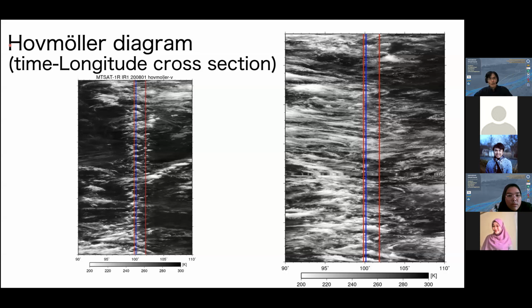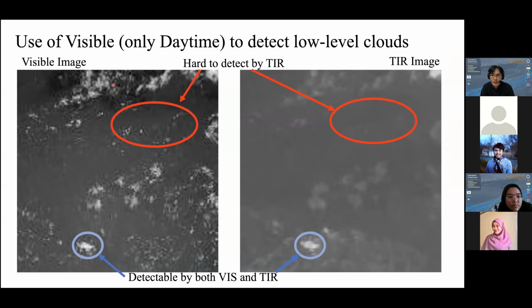Okay. Another thing I'm talking about is the use of the visible wavelengths. This is the same wavelength that the human eyes capture, 400 micrometers to 700 micrometers, the visible wavelengths, and it can capture low level cloud.